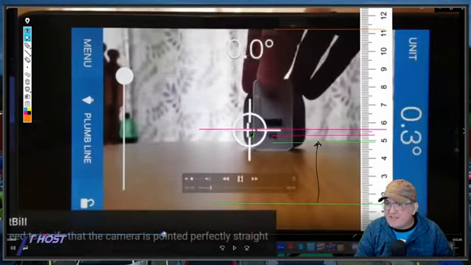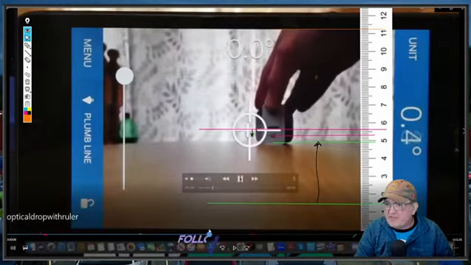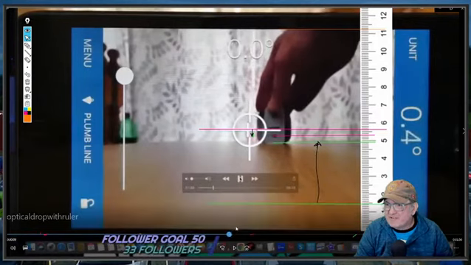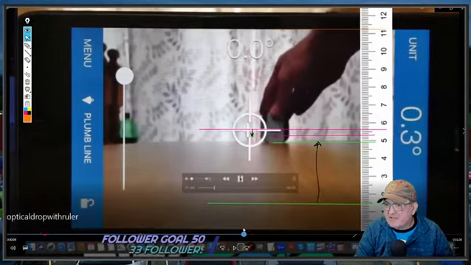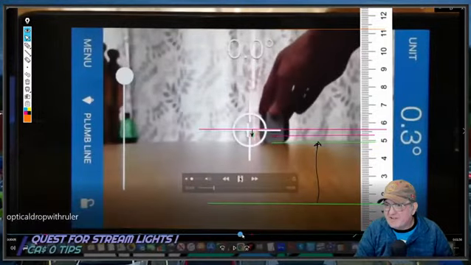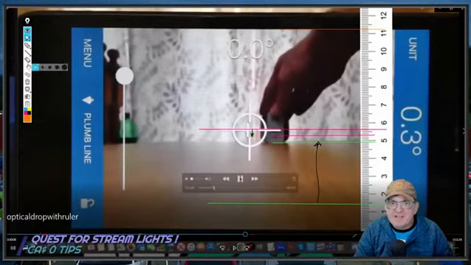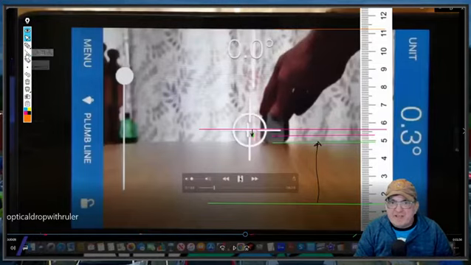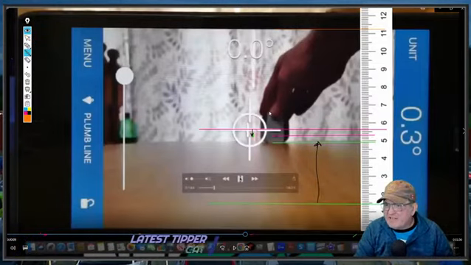And then as we go back to the farthest most point, which is about here, yeah, about there. So now we have the top here.